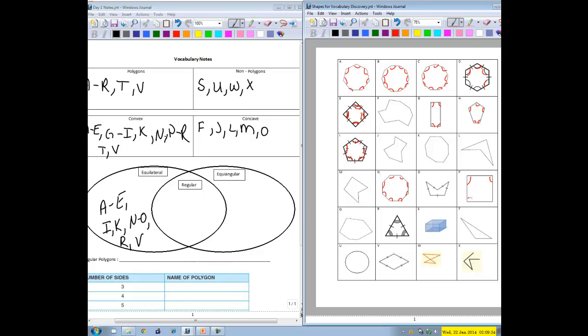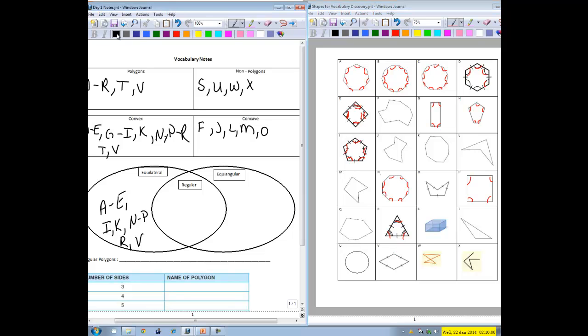Oh, you know, P should have all the sides equal too. I left that one off. It should be N through P, not O. Sorry. This should be P. All the angles are equal on R. And that's it.